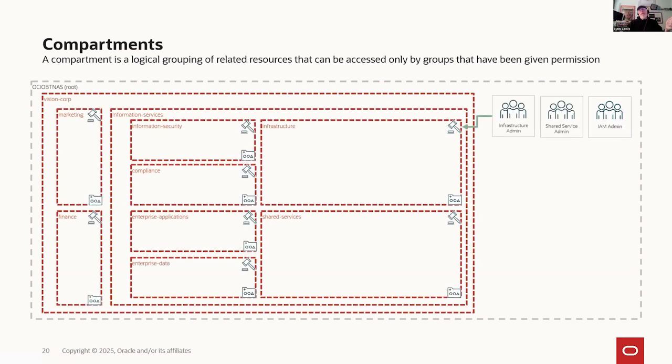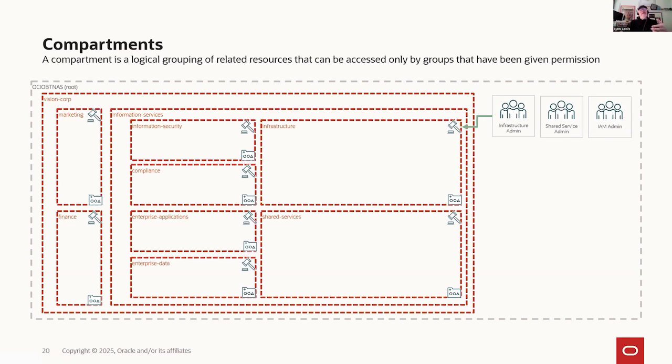The other thing we provide is compartments. Think of these compartments as a directory, just as you think of a directory in Linux or Windows, you know that inside those directories are files. And people that have permission to have access to those, usually by what groups you're part of.